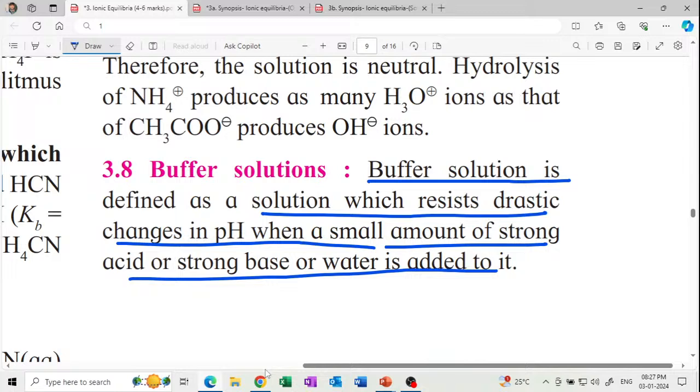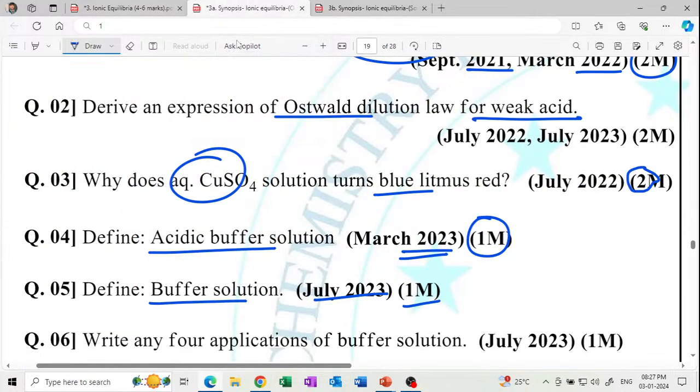A buffer solution is defined as a solution which resists the drastic change in pH when a small amount of strong acid or strong base is added to it. So this is called a buffer solution. Write only the buffer solution definition if asked. Make a note of the definition of basic buffer solution too, since here we have the acidic buffer.